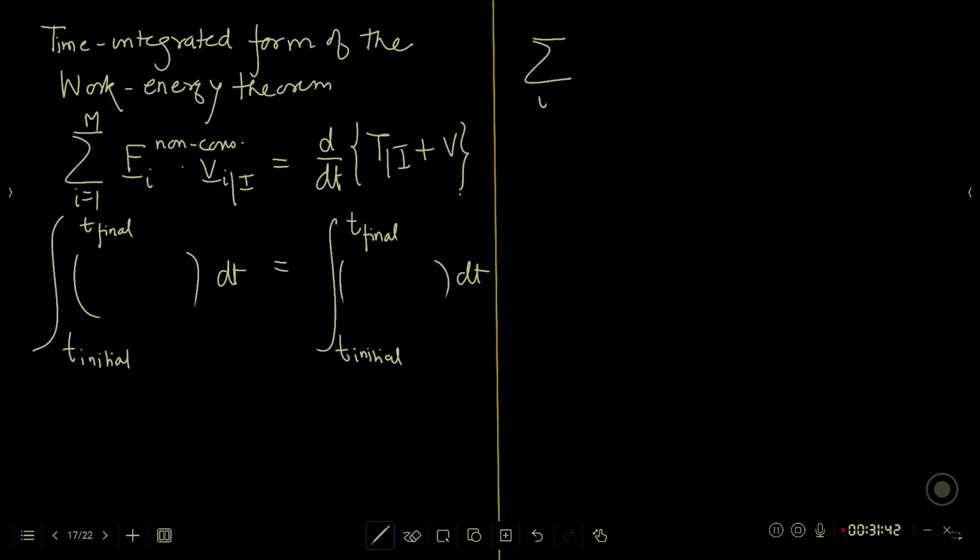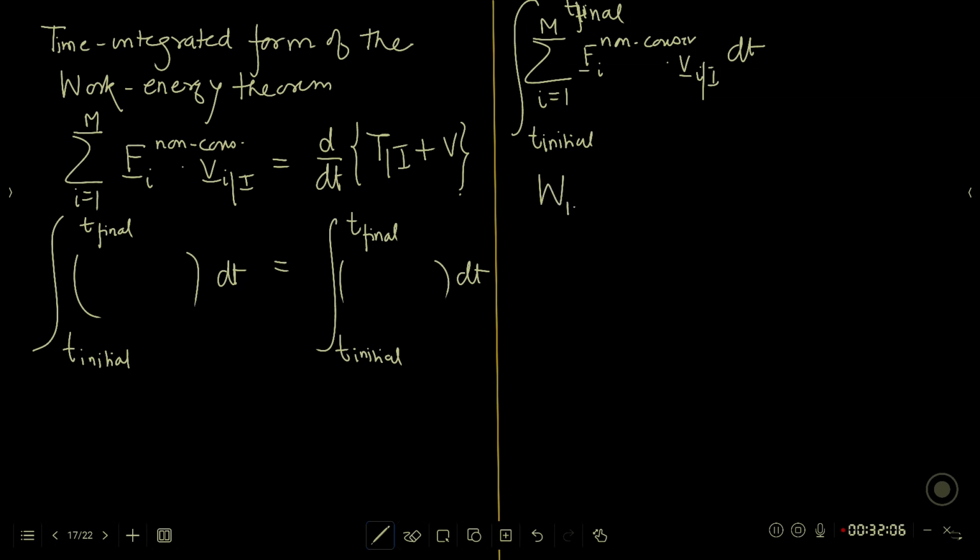On the left hand side I won't be able to simplify much because I don't know the non-conservative forces yet, so I'll have to keep it like this. Or if I want, I can write a new symbol for this: work done from t initial to t final, with a superscript for non-conservative forces.